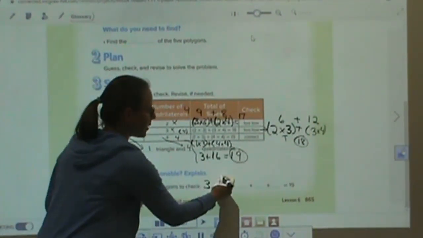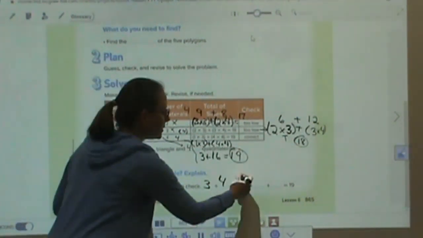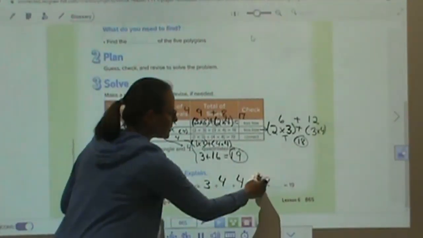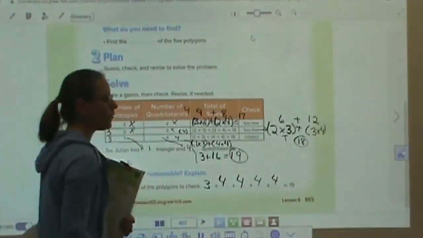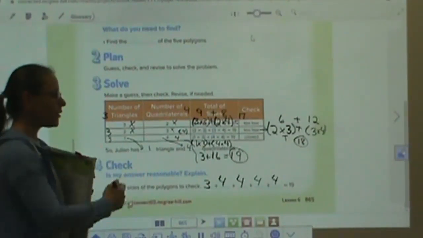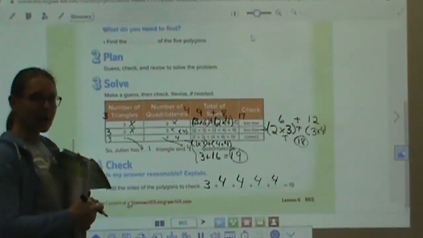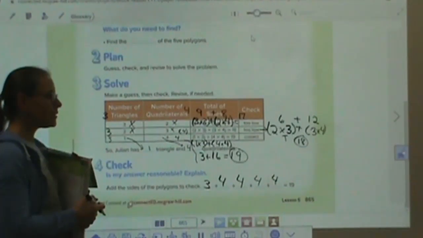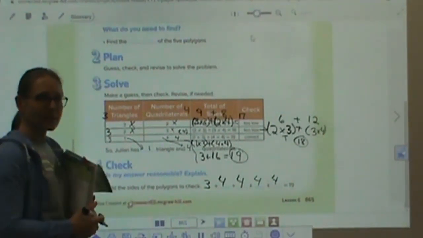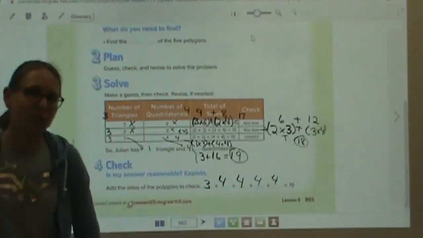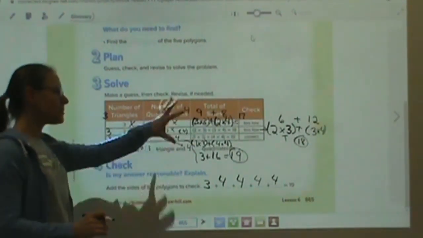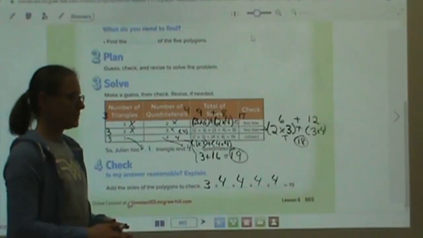So we're just going to put a 4 here for the sides, 4 for sides, 4 for sides, 4 for sides. And that will get us the total of 19 sides. So when we guessed and checked, that was correct. You can see that this is not a one-step problem. This takes many steps to work.